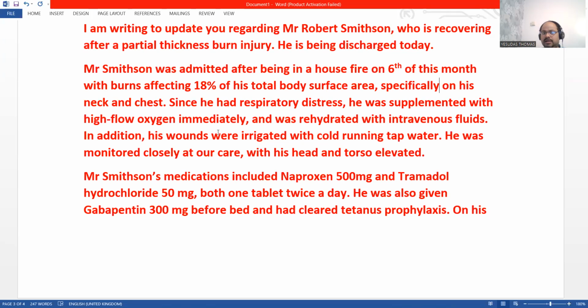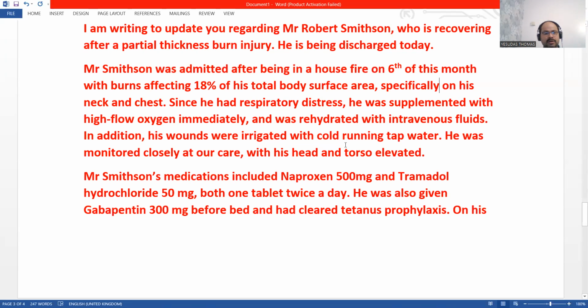Now, what we have done in addition to these two is the wound irrigation. In addition, his wounds were irrigated with cold running tap water. He was monitored closely at our care with his head and torso elevated.